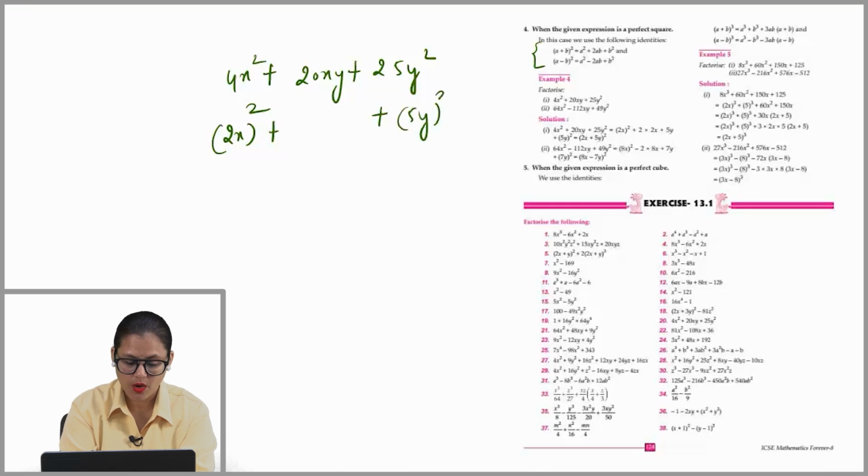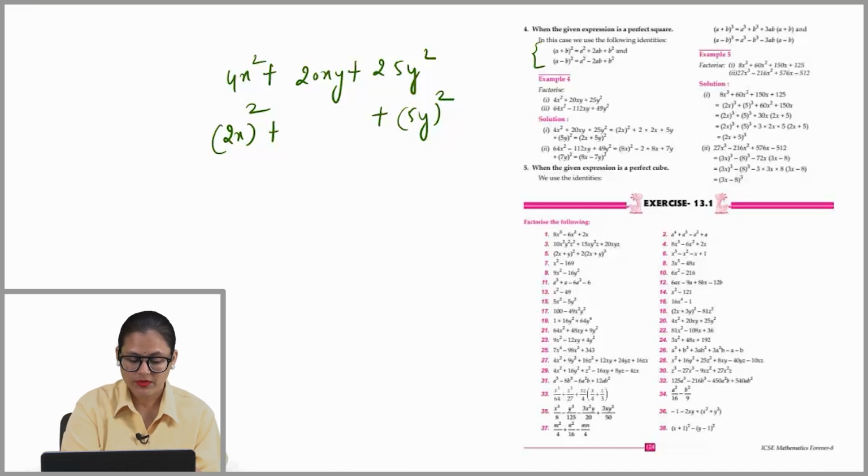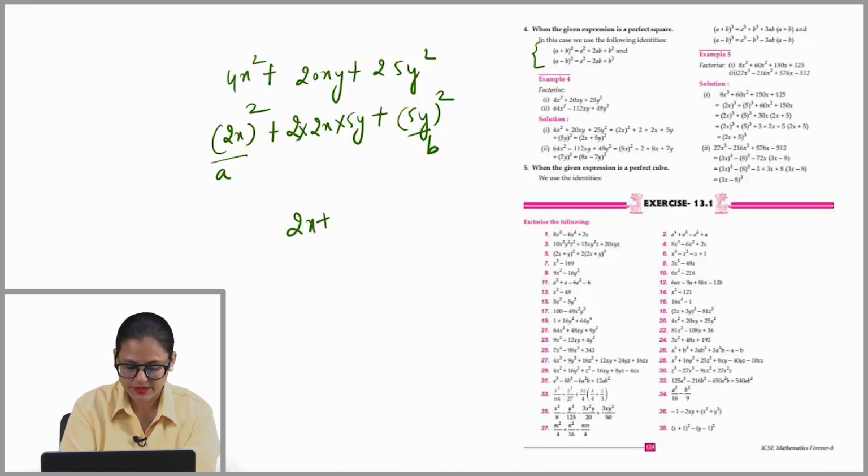Now remember the identity, (a plus b) whole square is equal to a square plus b square plus 2ab. Here a is 2x and b is 5y. Now, (2x plus 5y) whole square.